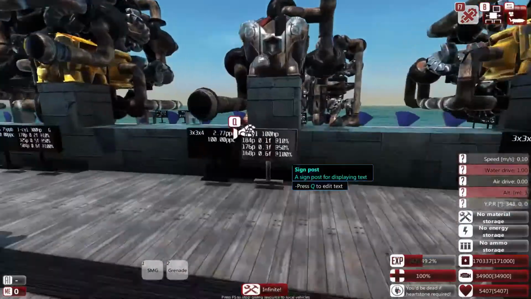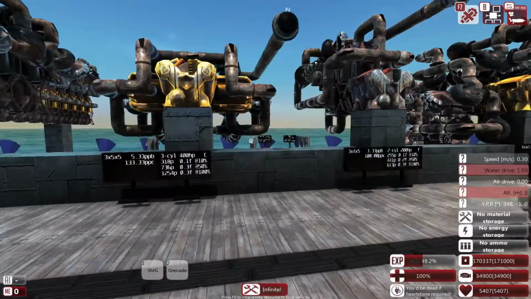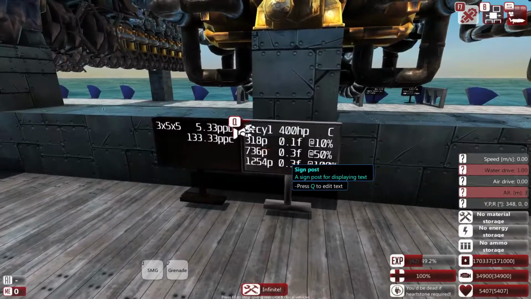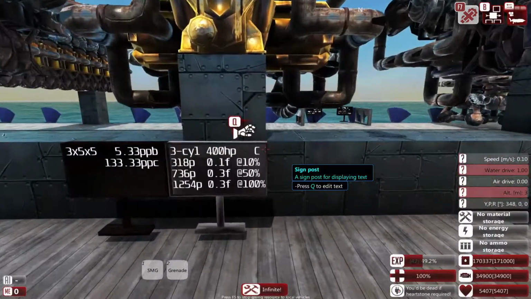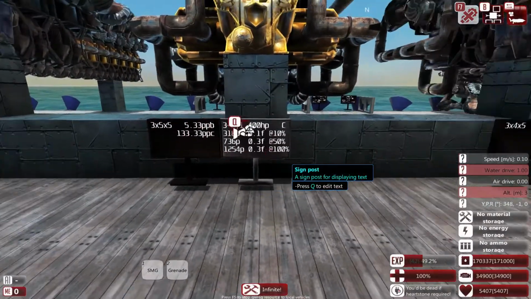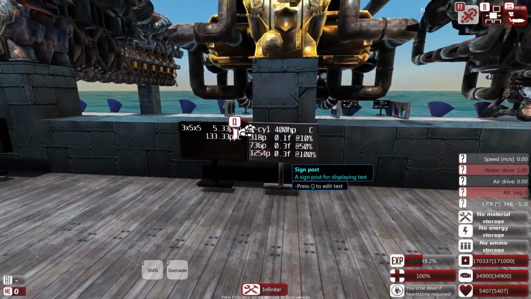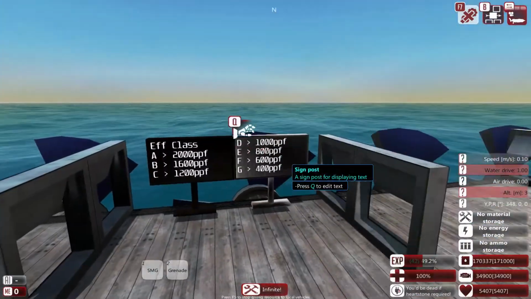But efficiency can be fairly, what I got as a placeholder is I'm using the power per fuel of the motor, and I'm giving it a class rating. The maximum obtainable efficiency of the motor, I'm just giving it a class rating. And what I have here is this.